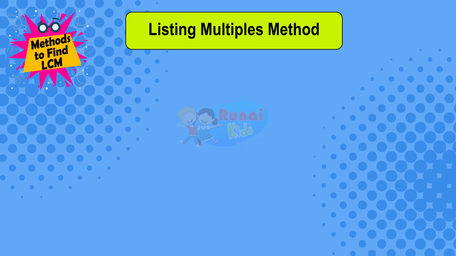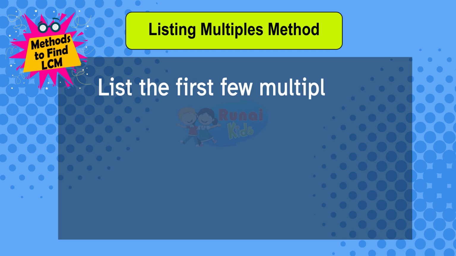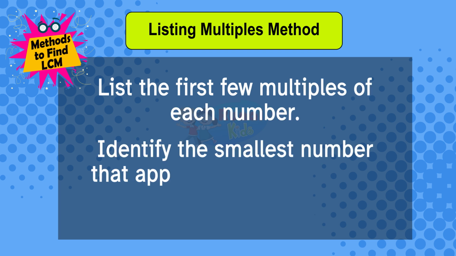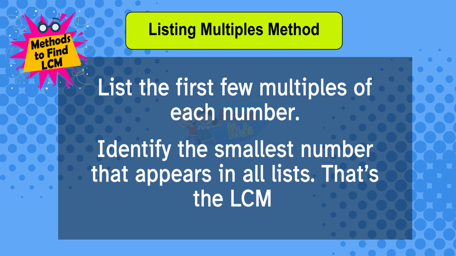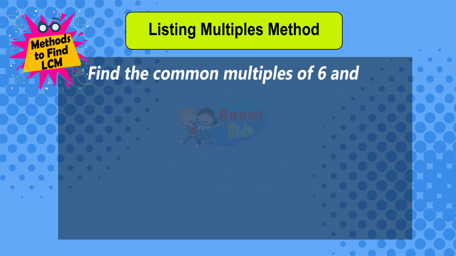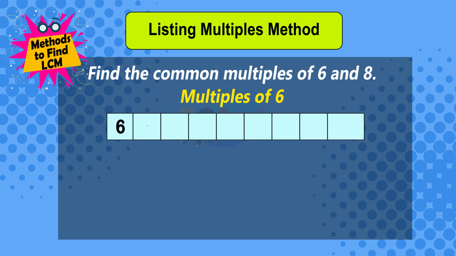Listing multiples method. List the first few multiples of each number. Identify the smallest number that appears in all lists. That's the LCM. Find the common multiples of 6 and 8. Multiples of 6: 6, 12, 18, 24, 30, 36, 42, 48 and so on.